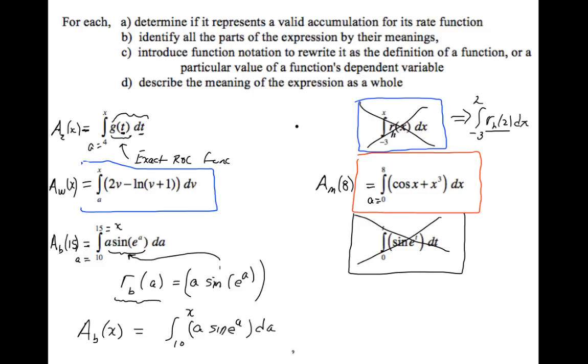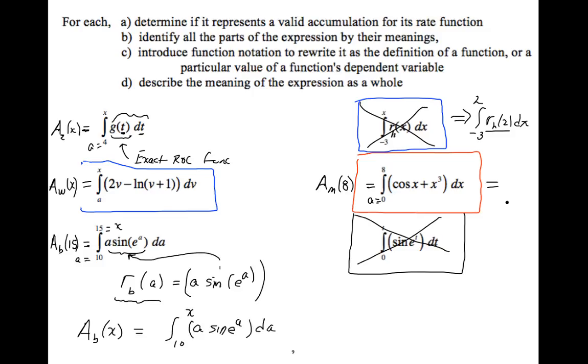Okay, so we've got this exact net accumulation function, and now we're starting to talk about evaluating it at a particular value of x. When you do a sub m of 8, what do you get? Do you get an expression? Is it a function? Do you get a number?